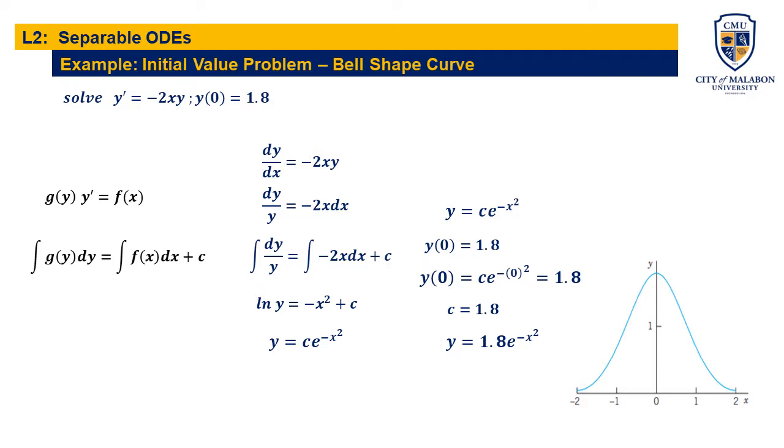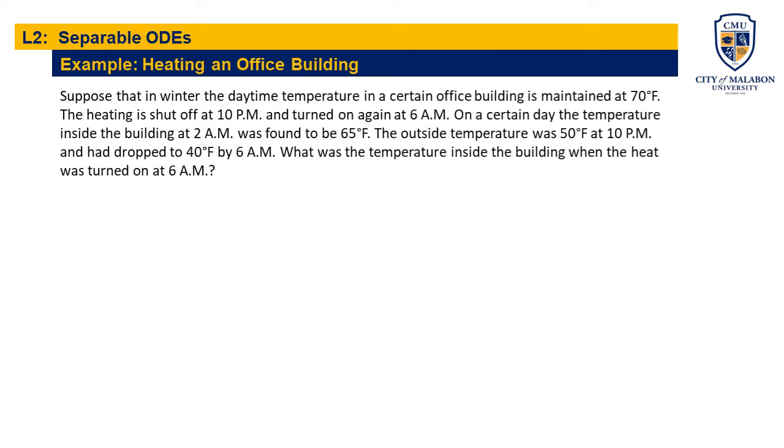So if we are going to plot this particular solution, we'll obtain this particular plot for y is equal to 1.8 e to the negative x squared. Okay, so now, application of separable ODEs.